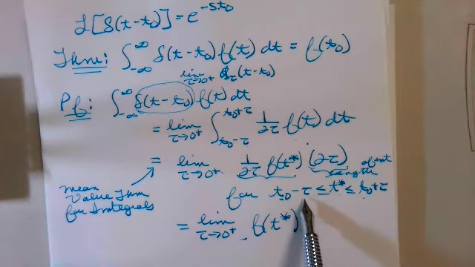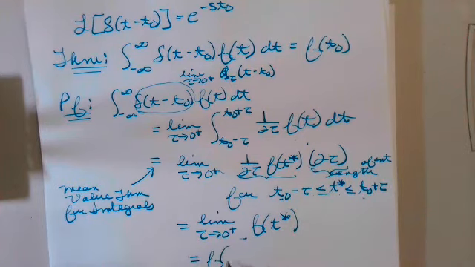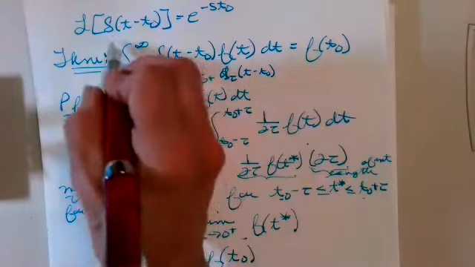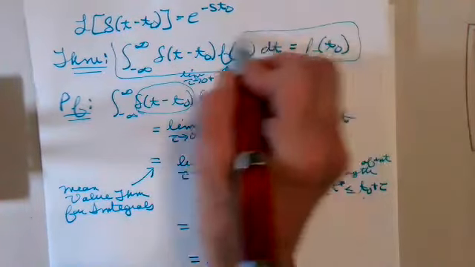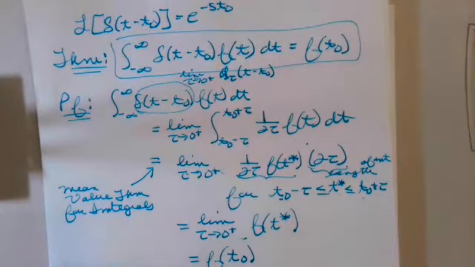T star is sandwiched below by t naught minus tau and above by t naught plus tau. So as tau goes to 0, this just goes to f of t naught. And that's what you had to show. Okay. So that's the funny property. I won't be asking you to prove any of these. You just have to know how to work with these things.